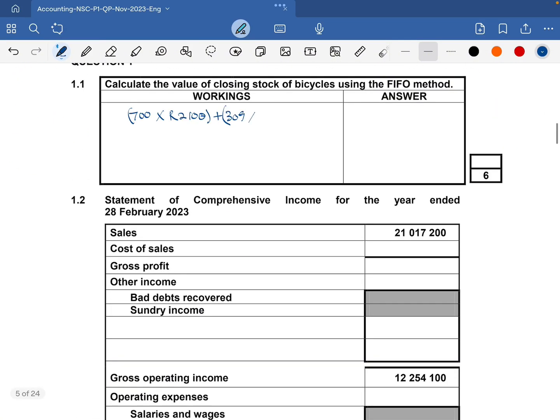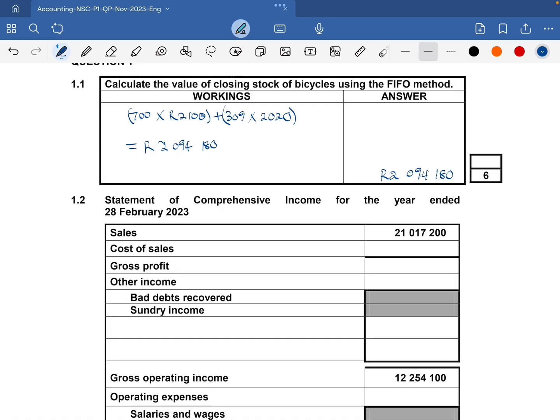Then now we are going to calculate our value, plus 309 times 2,020, and that's 2,094,180. That's the value of our closing stock.